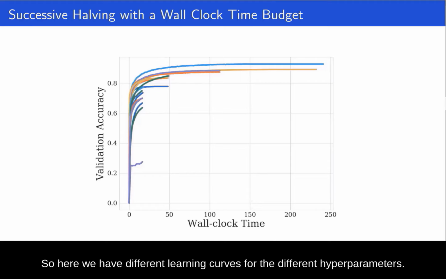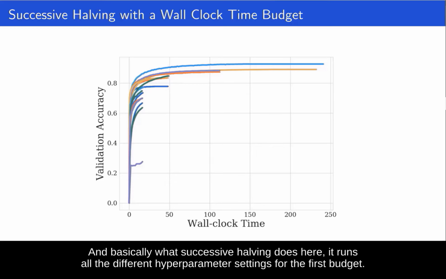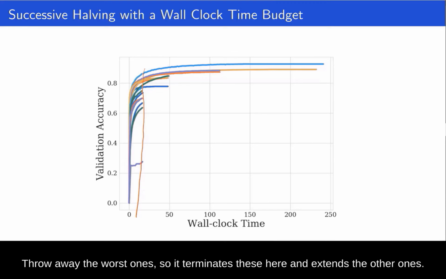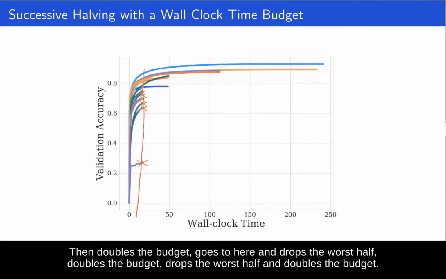Here we have different learning curves for the different hyperparameters, and what successive halving does here is run all the different hyperparameter settings for the first budget, throw away the worst ones, so it terminates these here, and extends the other ones.